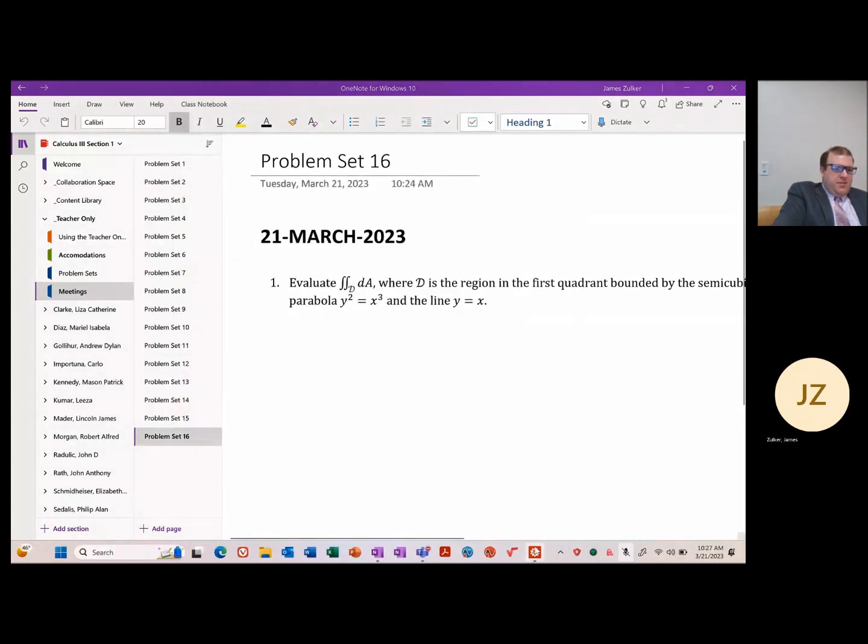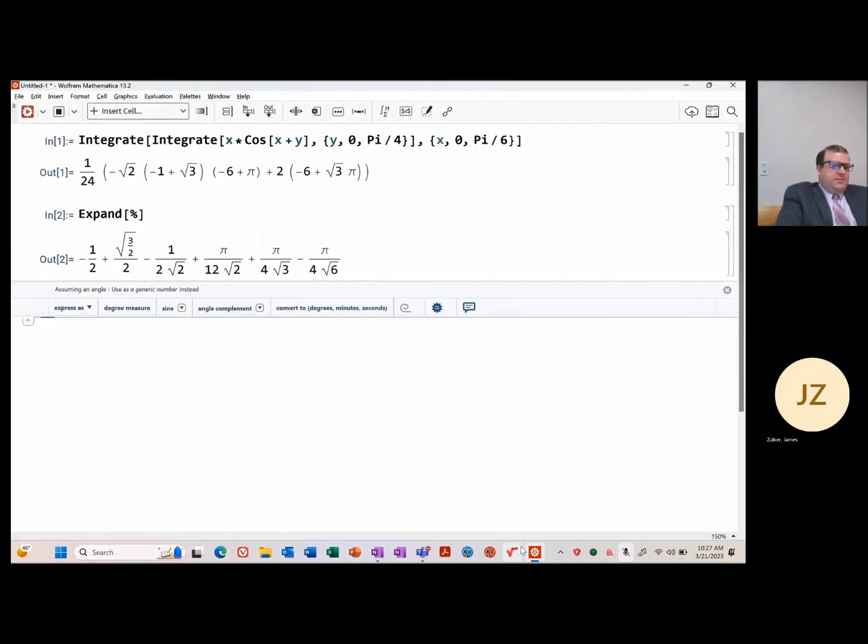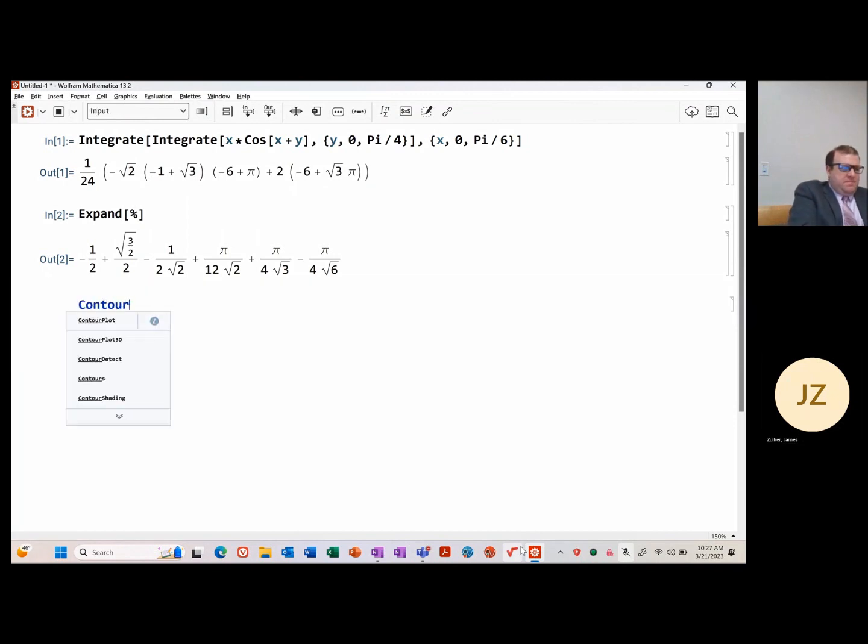Actually, the first thing I want to do is just try and get an idea of what this region looks like. So I'm going to use contour plot: y squared equals x cubed and y equals x.